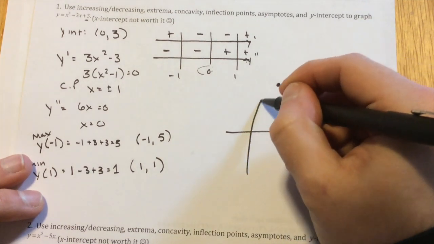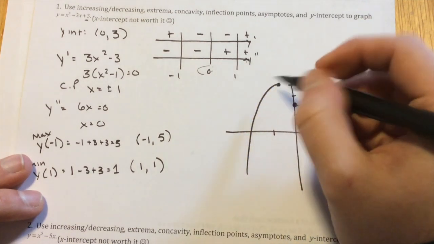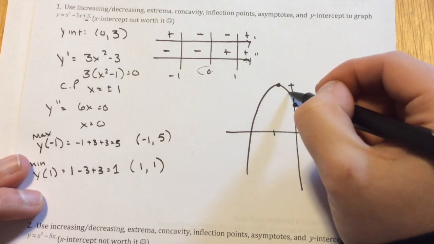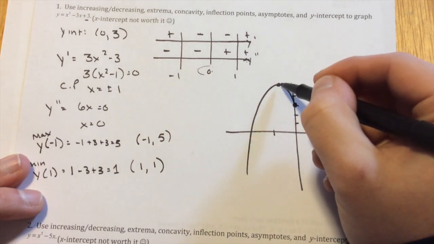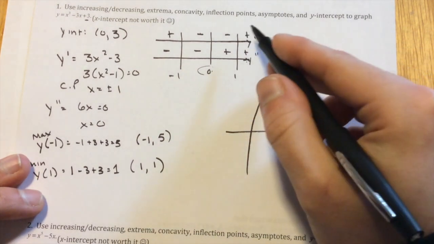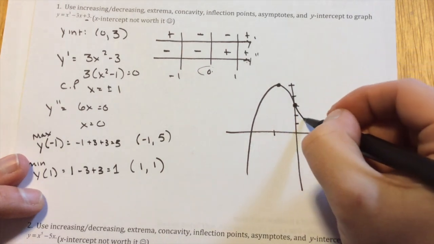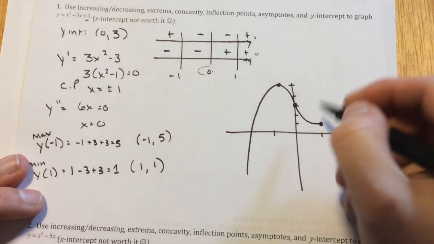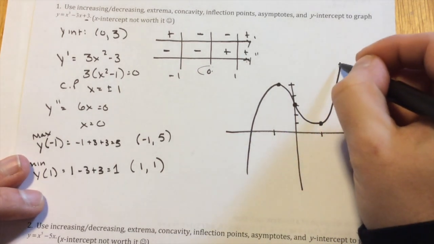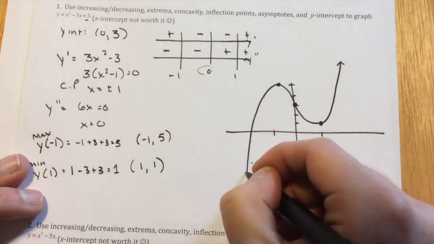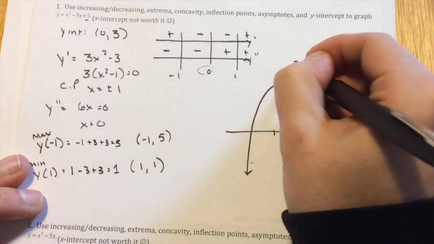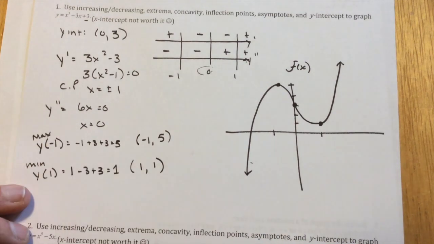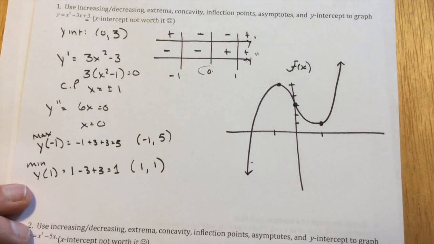Then I'm decreasing concave down between -1 and 0. Then I'm decreasing concave up. So there's decreasing concave up. And then increasing concave up. So there's a sketch of f of x, given all of our relevant information.